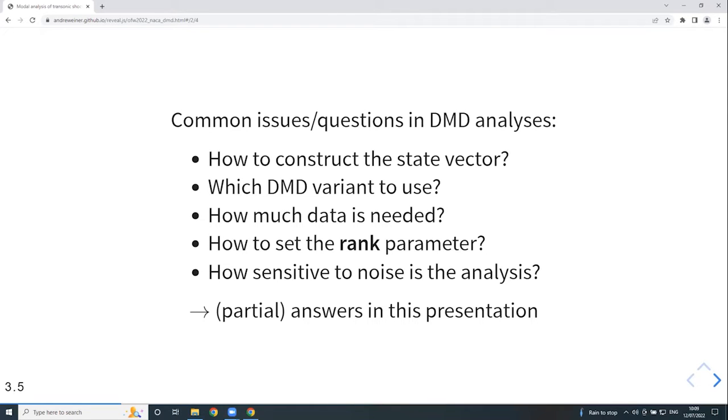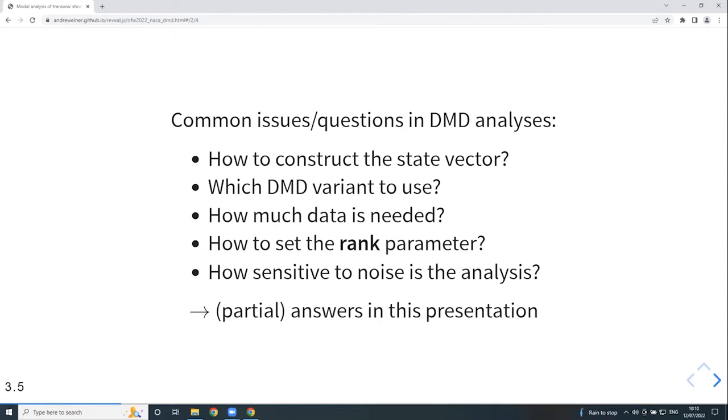The second frequent question is, transient simulations require a lot of computational effort and produce a lot of data. And the question is, how to estimate how much signal you need and how many samples you need. Finally, there's one main parameter of the dynamic mode decomposition, which is the number of POD modes that you use as a basis for the DMD.